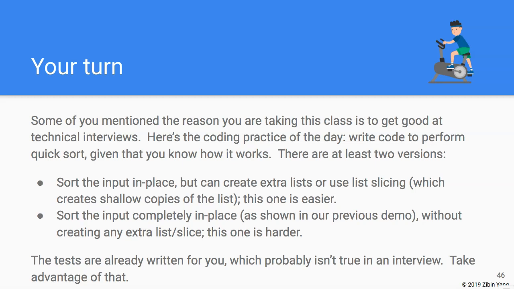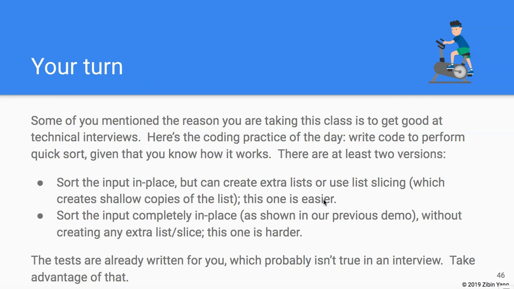Now, there are at least two general approaches to implementing quicksort. Both of them will meet the requirement of doing it in place. However, with the first approach, you can use extra lists and use list slicing to help you along the way.